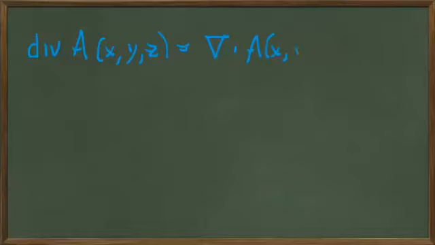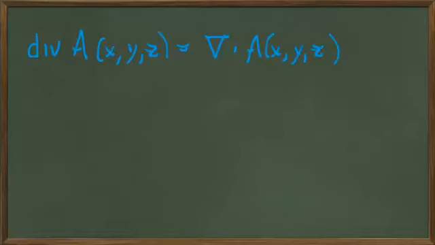On this last blackboard for this video, let's define what we call the divergence, div, of a function A, and that is going to be defined as the gradient dotted with A. So let's see what that means.